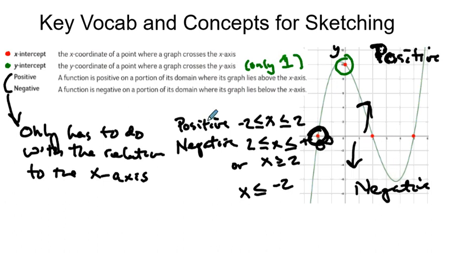And when they tell you that it's positive or negative, when they're giving you those threshold points, that's where it's crossing. Those are also always going to be your x-intercepts, right? And I'll write that down. Also, x-intercepts.